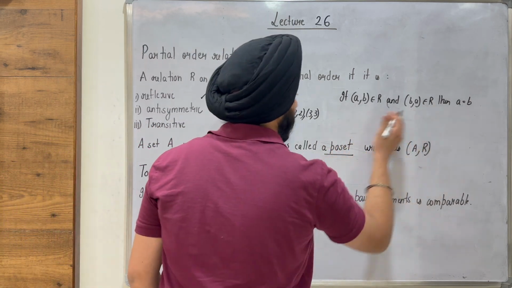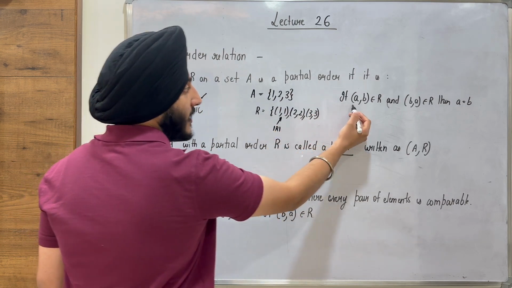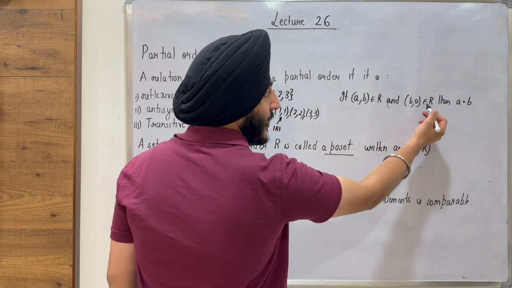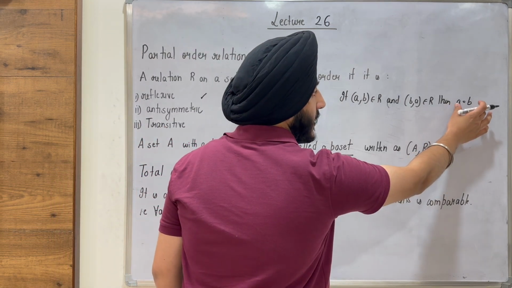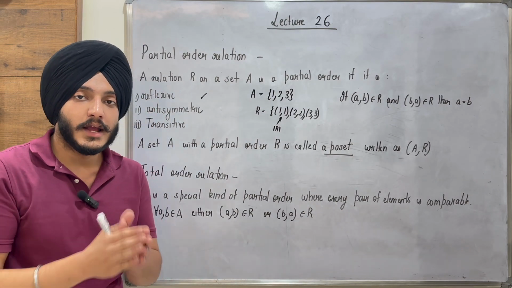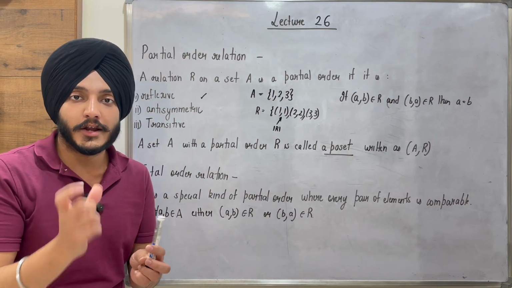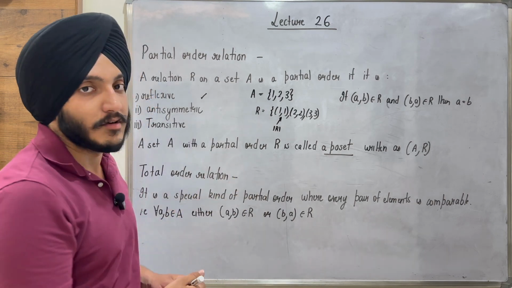It can only be satisfied when the elements are equal to each other. So for example, 1 is related to 1 and 1 is related to 1, switching doesn't make a difference, and they are equal to each other. So reflexive pairs don't matter, but if different elements are related to each other on both sides, it is not going to be antisymmetric.